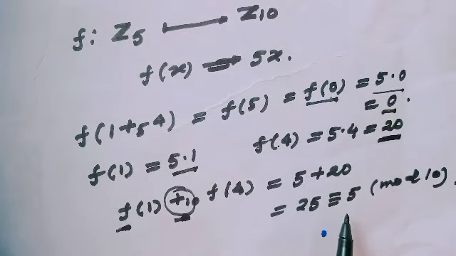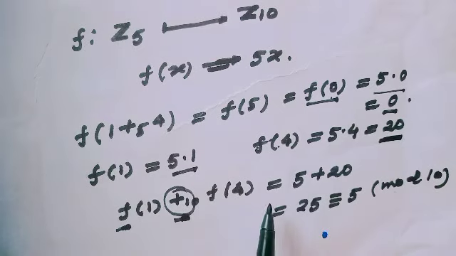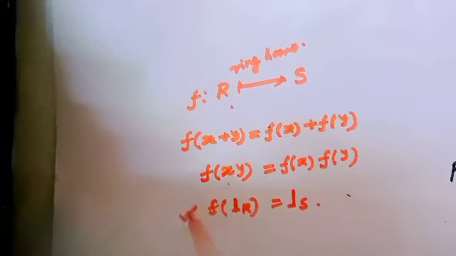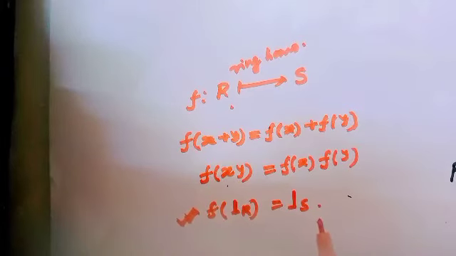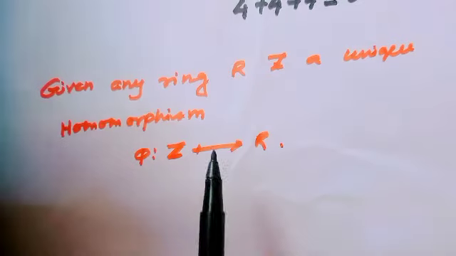Therefore, this function is not a ring homomorphism, because the first condition is not satisfied. Actually, this function is not even a group homomorphism. In ring homomorphism, today I will see one extra condition. Here, f of 1 always maps to the identity element of the image.